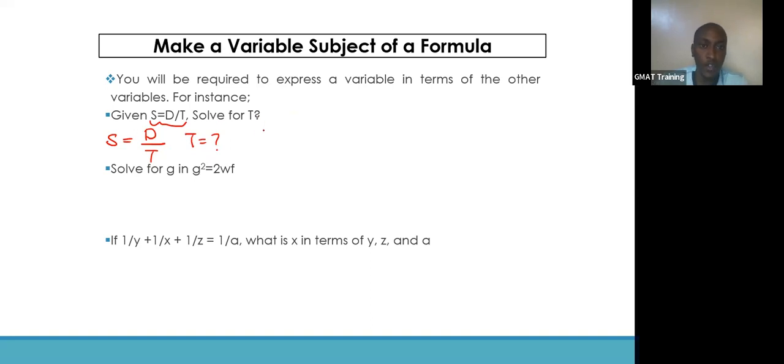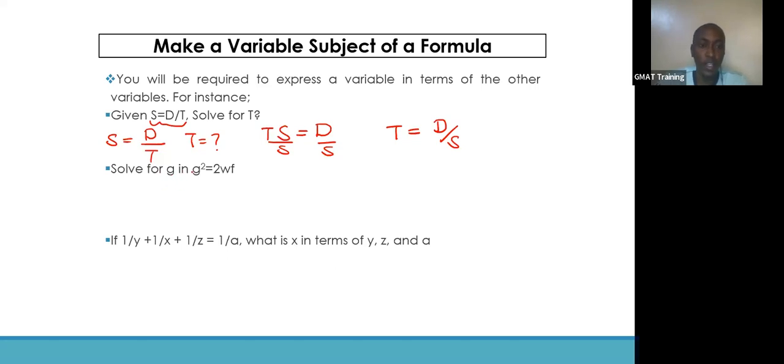On the left-hand side, it will be ts, and on the right-hand side, t will cancel out and will remain with d. And so we need to make t the subject of the formula. Let's divide out s on both sides, and then finally we'll have t being distance over speed, and that we all know.